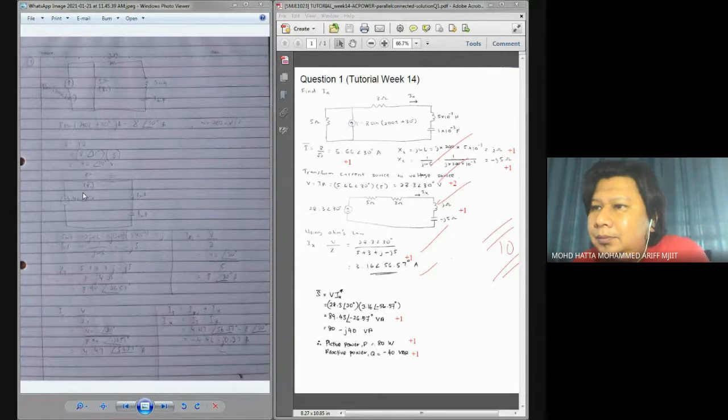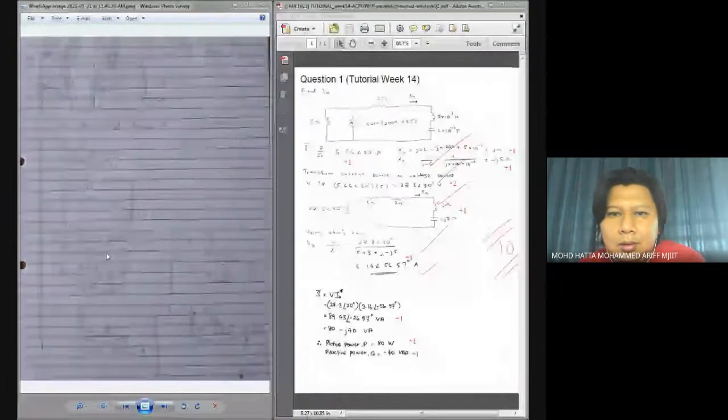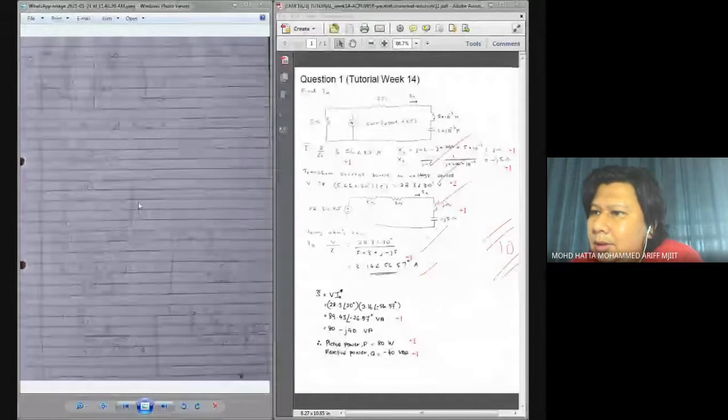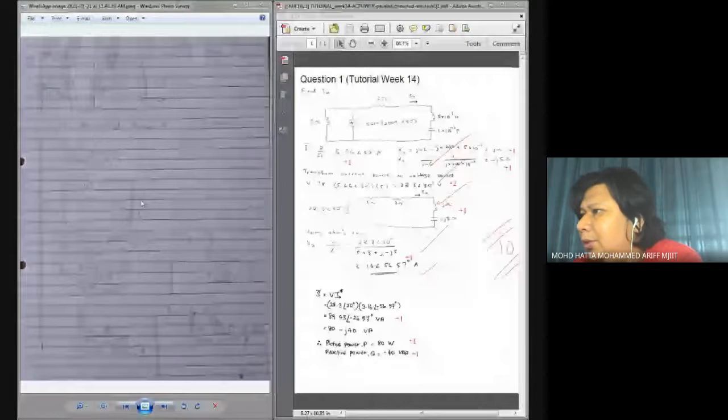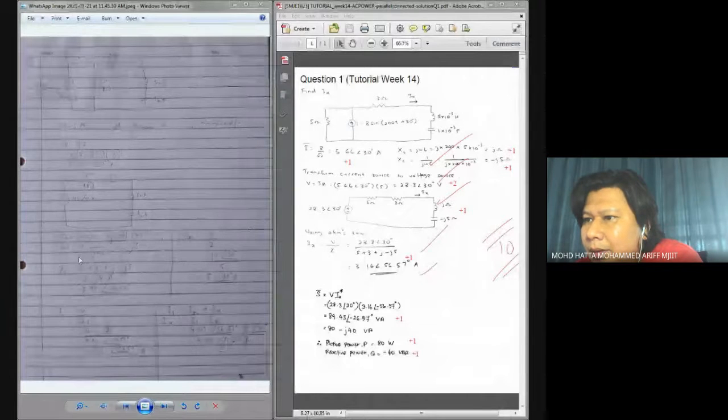And later he tried to convert the inductor into its reactance value. So here the conversion is J, yes, correct, 1 point over here, and the conversion of the capacitor to its reactance value, XC, yes, it's J5.